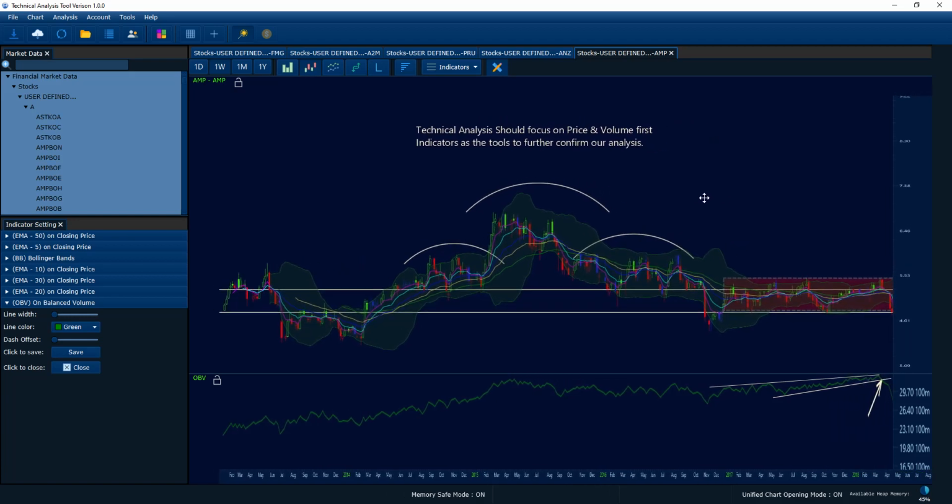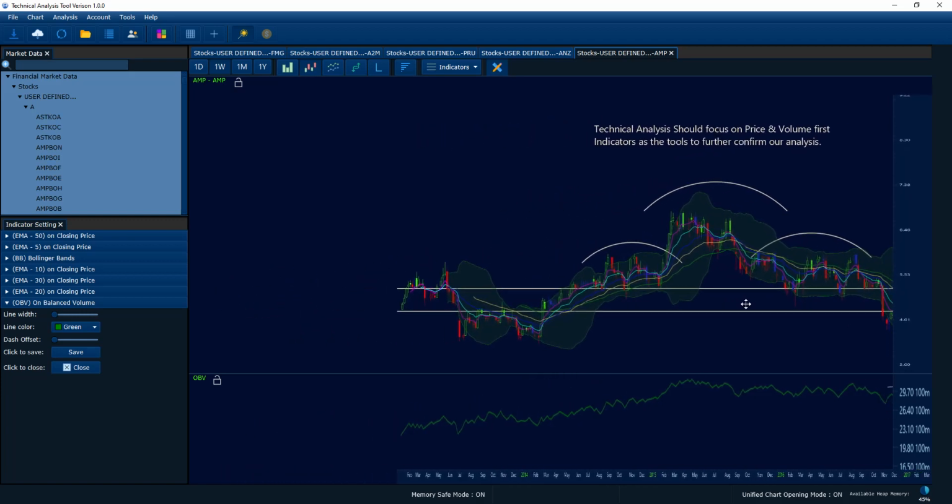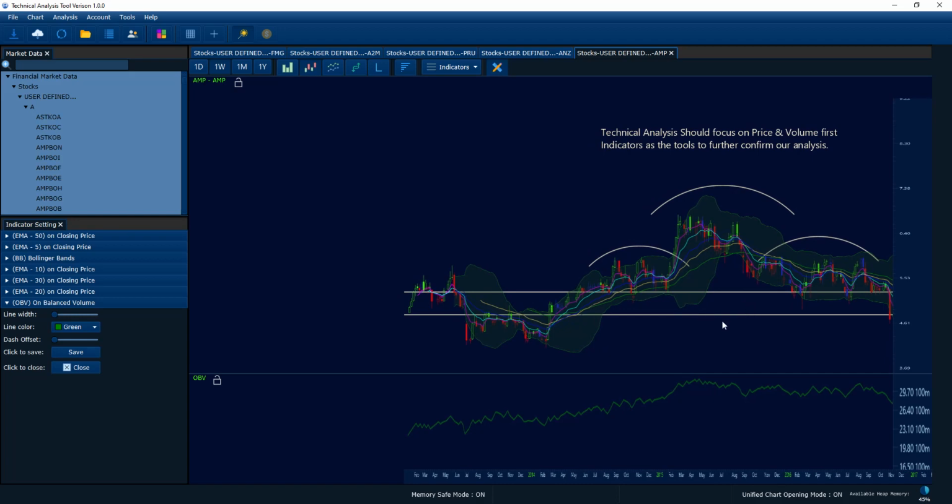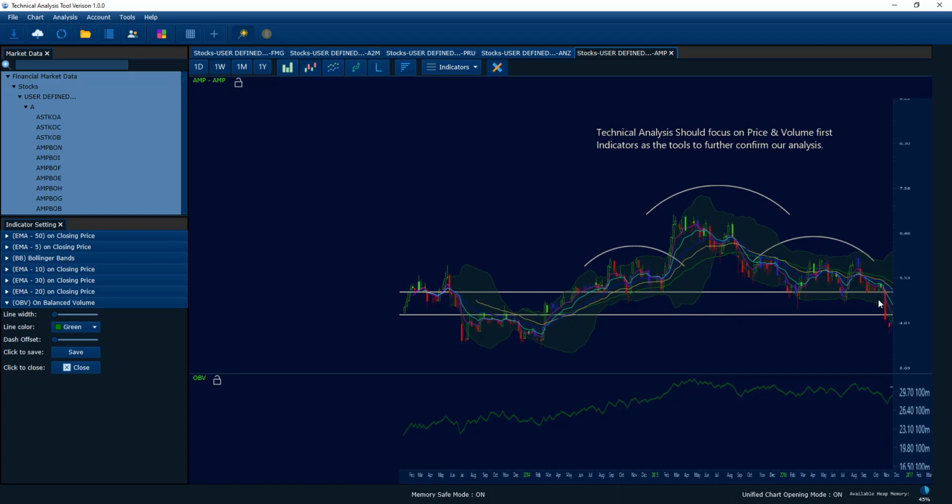This is another share, AMP. It's going too far, too many examples here. Okay, this is a head and shoulders pattern, as you can see, and this particular share actually follows a very obvious head and shoulders pattern. So okay, let's bring it back here. As you can see, the price breaks down that leg.